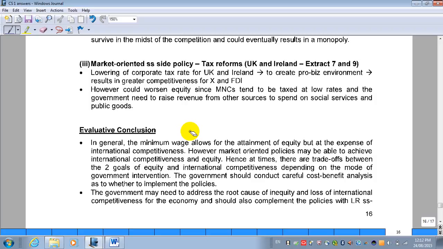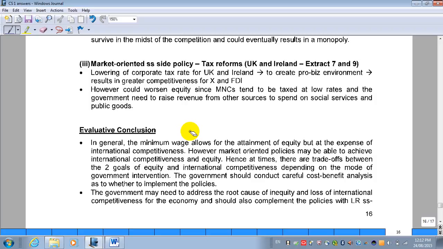So they say that here minimum wage seems to be the policy that is not as great as market oriented, because minimum wage helps to achieve the goal of equity but at the expense of international competitiveness. On the other hand, market oriented policies seem to be able to achieve both generally, although there might be some problems.